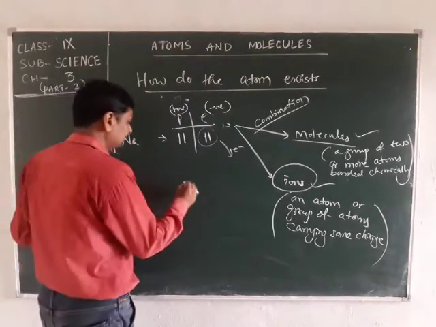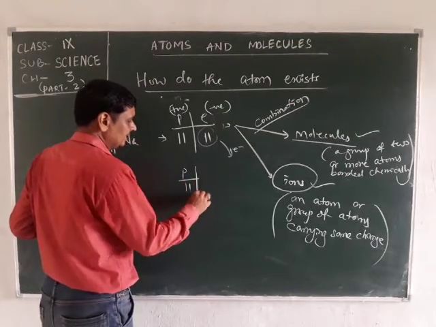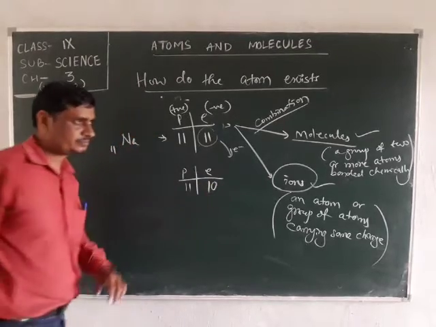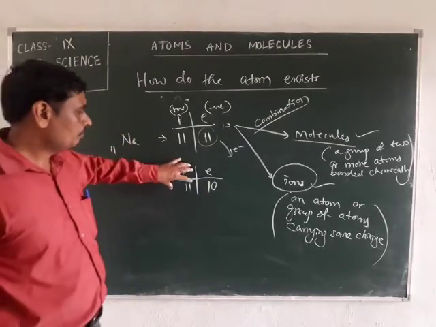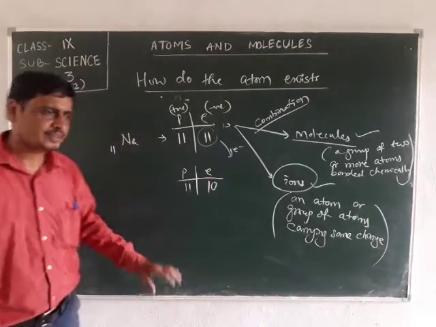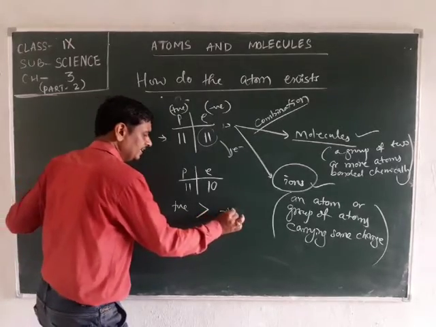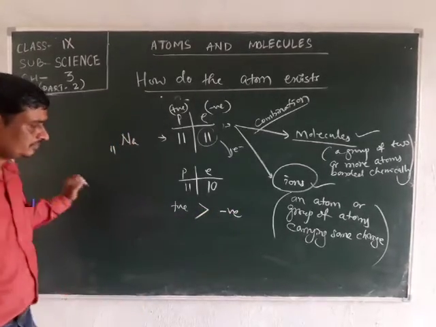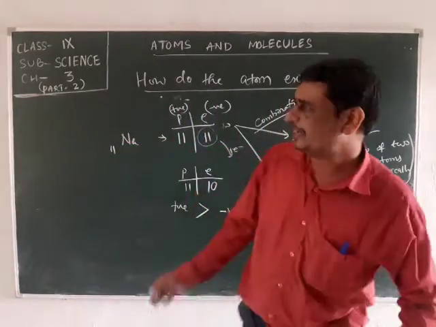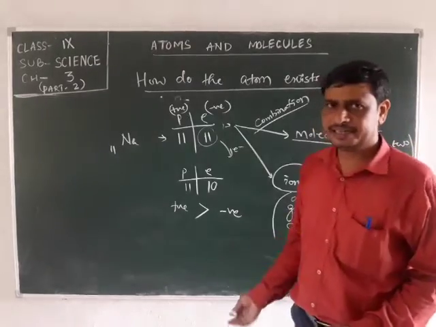But if one electron is lost from this neutral atom of sodium, then the number of protons remains 11 and the number of electrons becomes 10. Now the number of protons is greater than the number of electrons. Positive charge becomes greater than negative charge. If positive charge is greater than negative charge, then the atom becomes an ion.